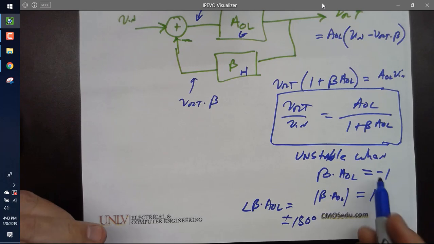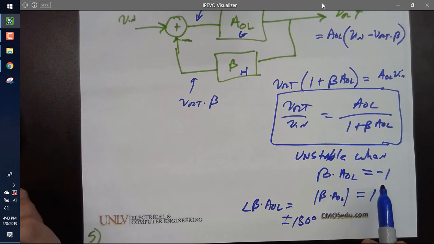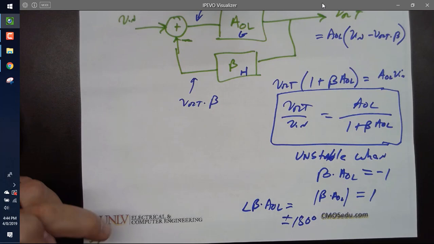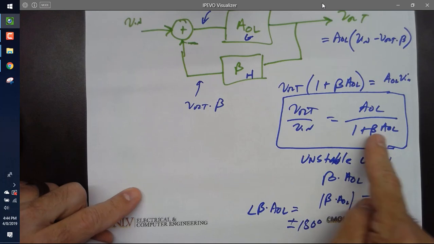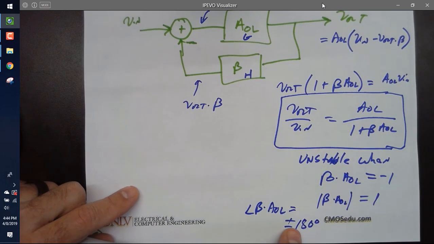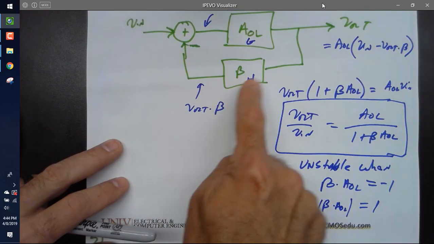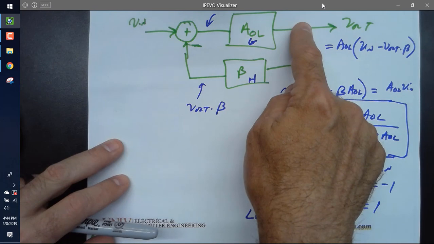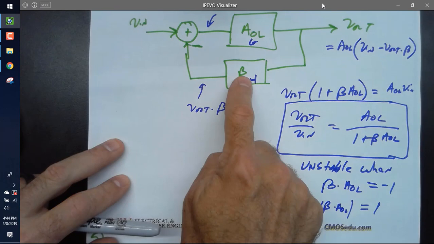Plus or minus 180, it's minus. Right? Tan inverse of minus 1 over 0, tan inverse of minus infinity. Anybody agree with that? So we want to avoid where the phase shift is 180 and the gain is 1. Now, in a real circuit, without an amplifier in the feedback, the most signal that you could send back is all of the output, and that would be where beta's 1.